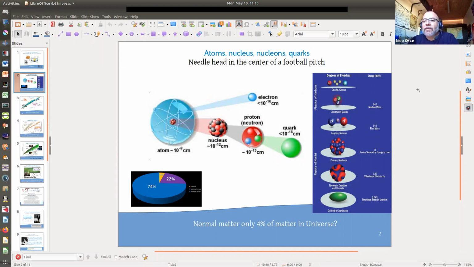And you have here different degrees of freedom, where you have the quarks and the gluons. This is what we know. The gluons, we learn over time, are like the glue that keeps the protons and neutrons together, keeps the quarks together, and keeps them confined. So then we have the up and down quarks, and then if you go a little bit more to less energy, this is as a function of energy, you go to lower energy, you have the pion, which is the exchange particle of the nuclear force.